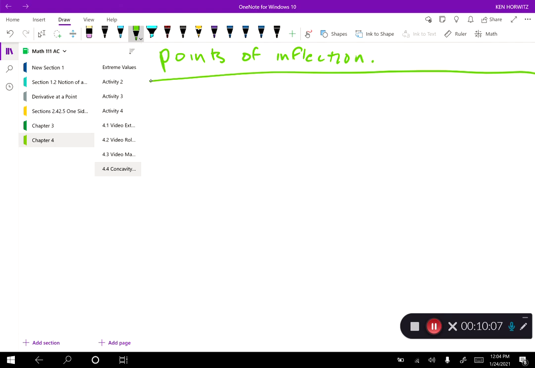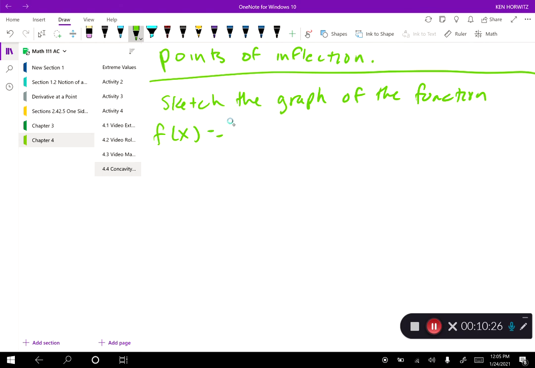All right, so here's the problem. Sketch the graph of the function f of x equals x to the 2/3 times 6 minus x to the 1/3.